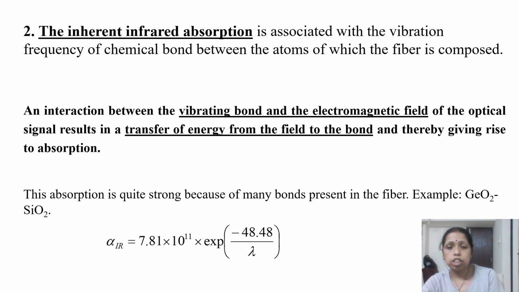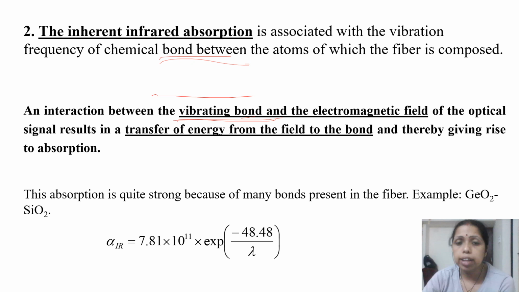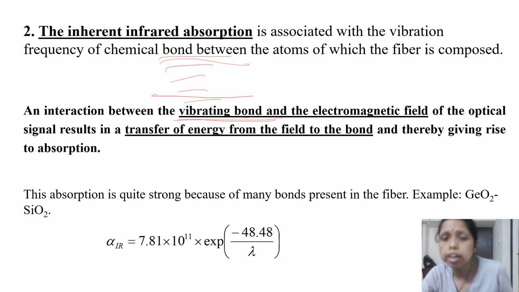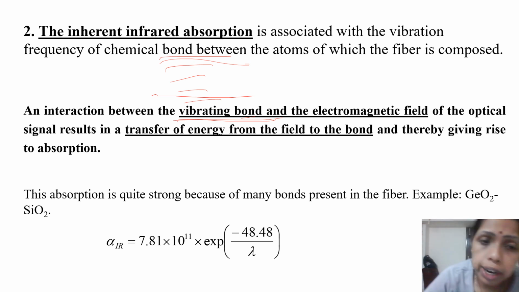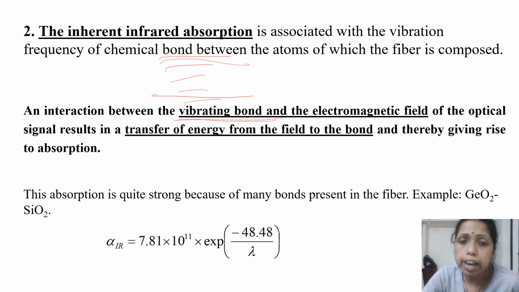The infrared absorption is related to vibrating bonds. Under the conduction band and the valence band, there are multiple bands, right? So sometimes some bonds inside the material vibrate, and this bond may vibrate and release energy.